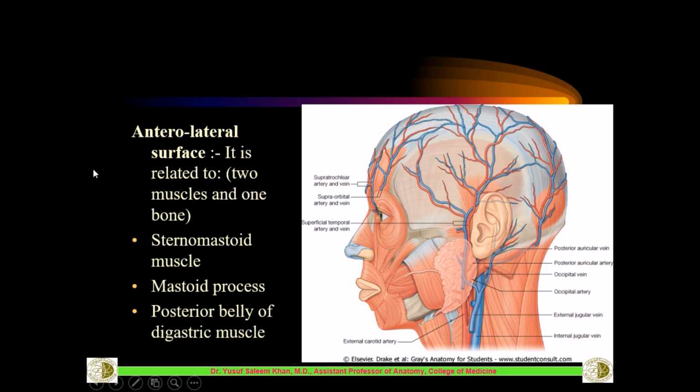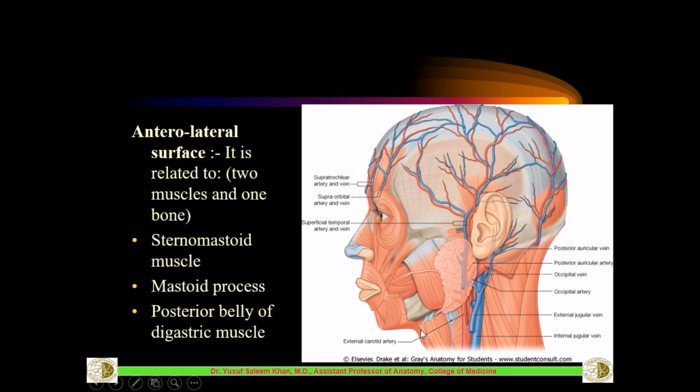The anterolateral surface is related to two muscles and one bone. One is the sternocleidomastoid muscle, which you have already seen here, which is cut here. So this is the sternocleidomastoid muscle, which will be related to it. Then we have the mastoid process deep inside, and the posterior belly of the digastric muscle. There will be a digastric muscle here, with an anterior belly and a posterior belly.